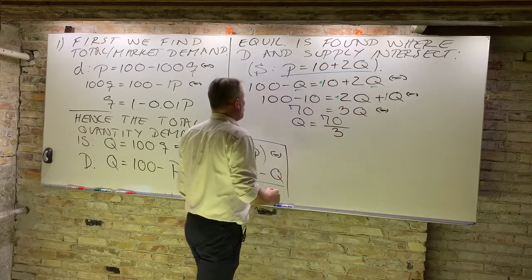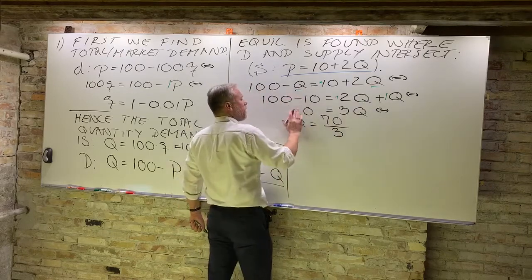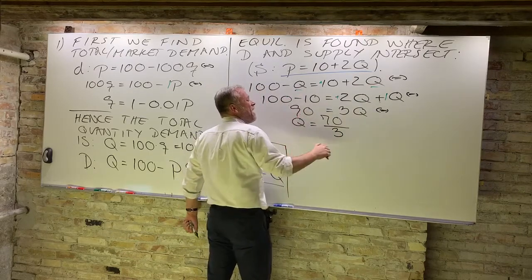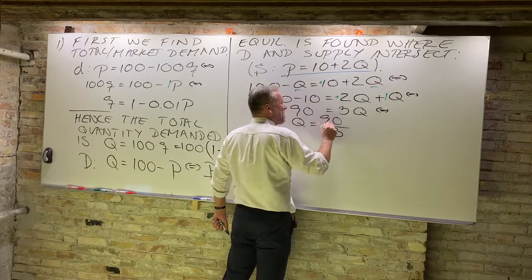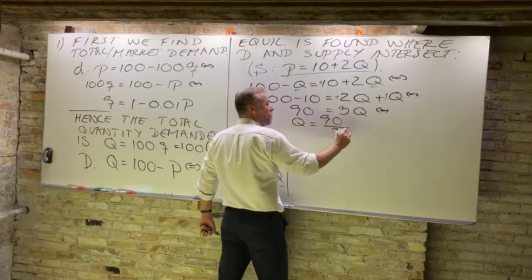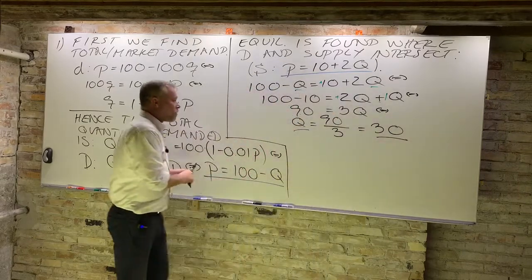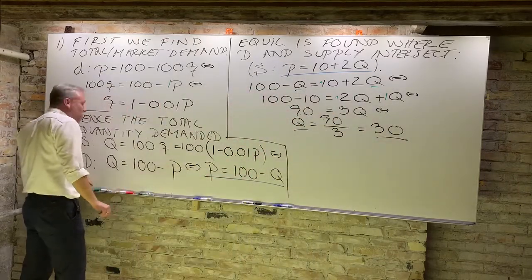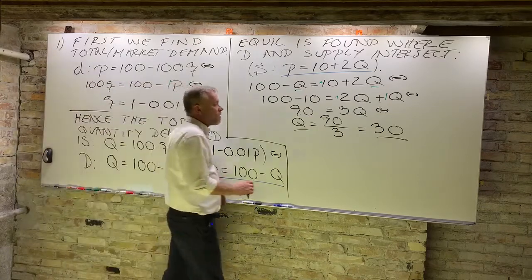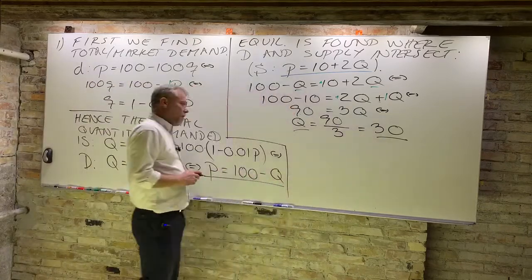Then you take the 90 and divide it by the number in front of Q, in other words 3, giving you 30. And then we have found the total quantity in equilibrium, the total quantity demanded and supplied.